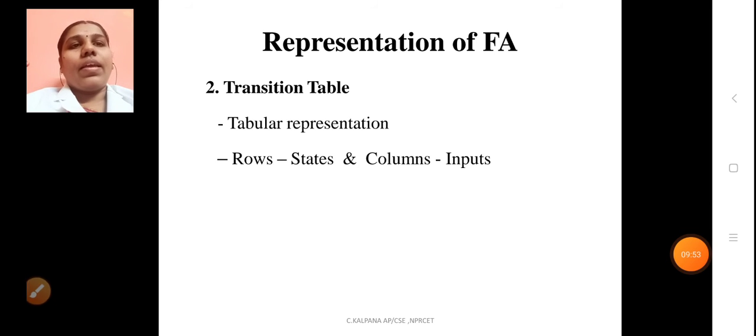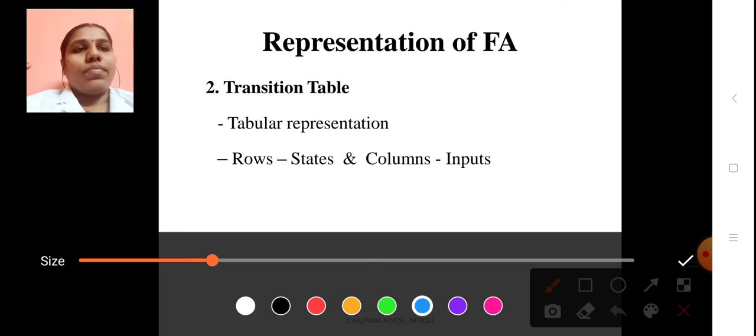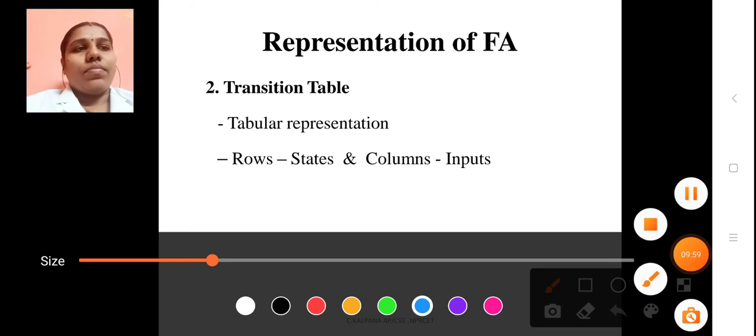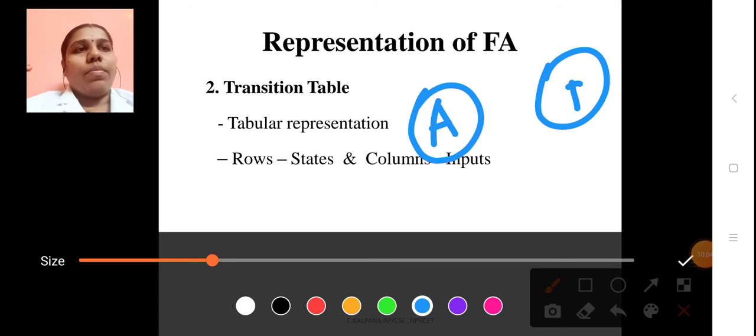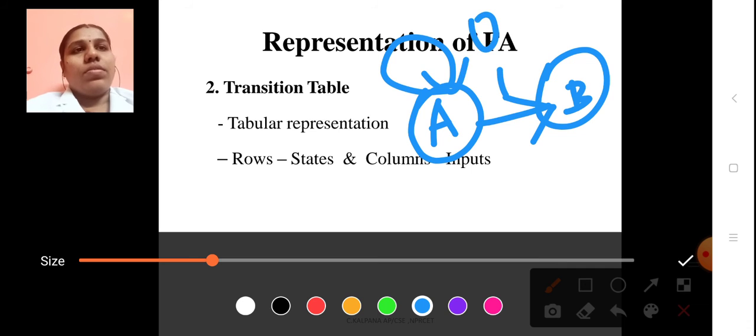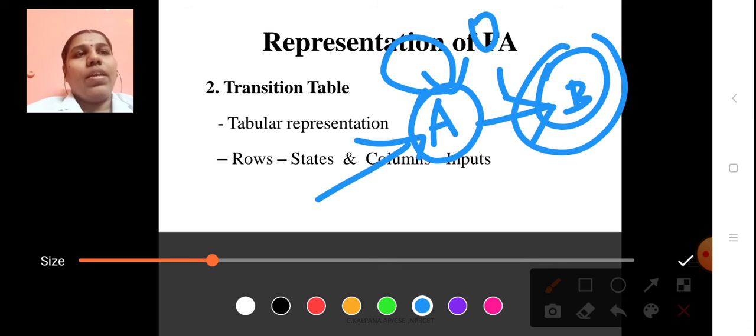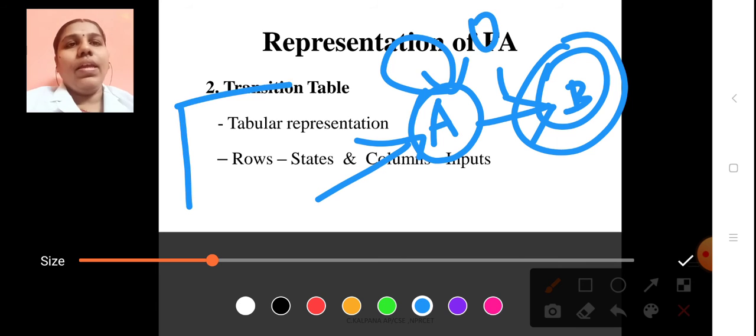Again explaining the same diagram. A, B, 1, 0, starting state, final state. In finite automata, the transition table can be represented in tabular form.